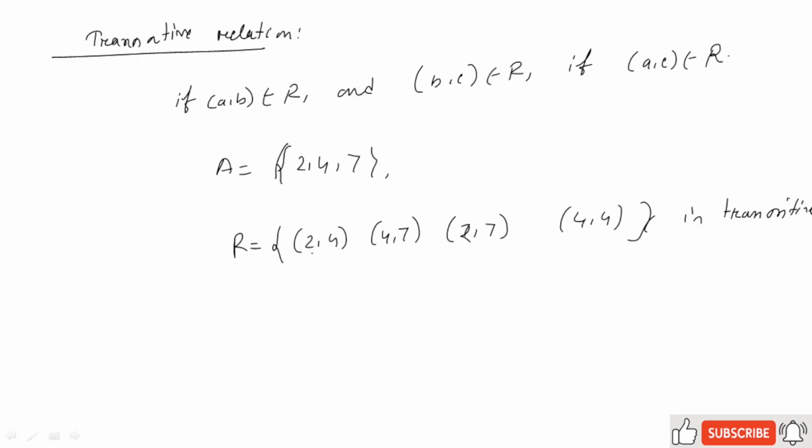Why? Because here (2,4) exists and (4,7) also exists. So, here this is a, this is b, this is b, this is c, and (a, c) also exists. So, this relation is a transitive relation.